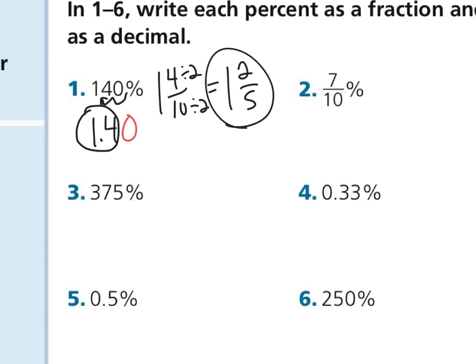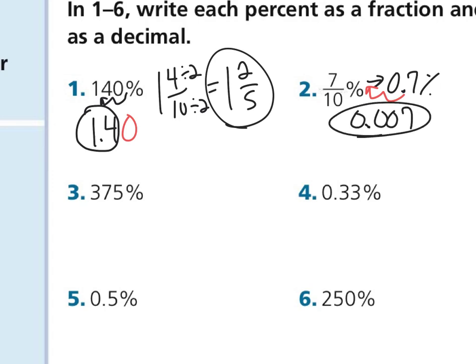Number 2, we have 0.7%. I'm just going to rewrite that with the decimal point instead of a fraction. And then if you move the decimal 2 spots to the left and add a 0, that would be the same as 7/1000ths for our decimal.